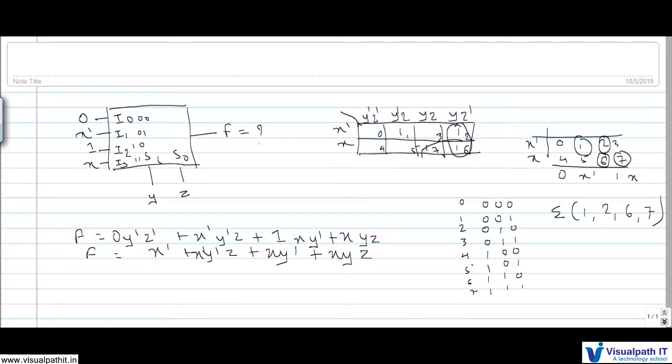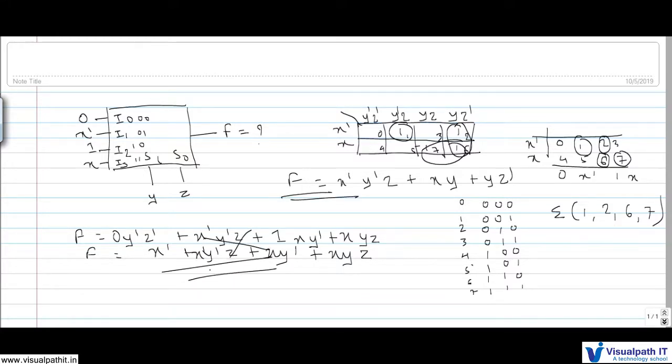So this will make one pair, this will make one pair, and this will be alone. So this function will be x dash y dash z plus xy plus y z dash. So this will be the correct function, not this. This is the wrong function. This function that we got is directly by solving this. So this is not the exact solution. This is the exact solution that we will get from this equation.